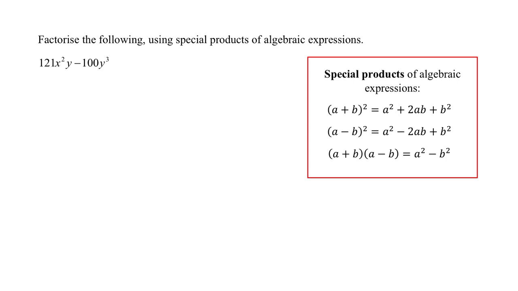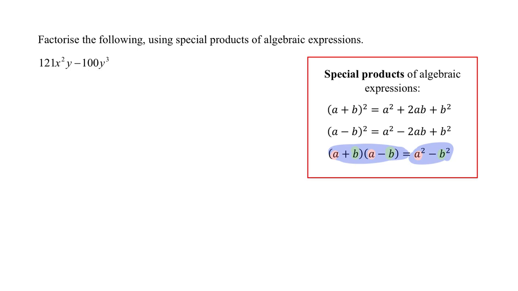And I see only two terms. So this will be the eventual result. And later on, I need to find what is my value for A and what is my B. But even before we do that, I see a y cubed. I also see a y.